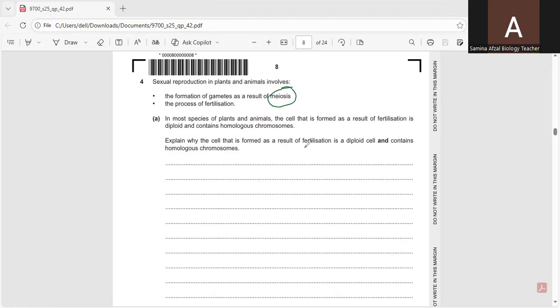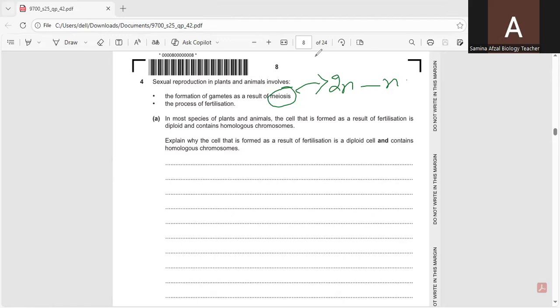Meiosis is the reductional division, the type of cell division in which the chromosome number is reduced to half, that is from 2n to n. It means a single set of chromosomes is present in the gametes.